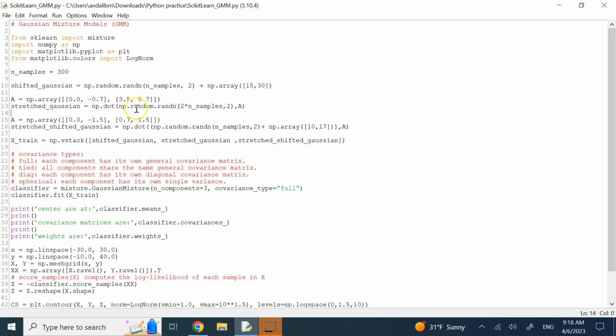Remember, the standard deviation from this guy is 1. So if you don't do anything, it is going to be like a circle with 1 and 1. But when you apply a matrix, you can stretch or shrink in one direction, the same in the other direction, depending on the eigenvalues of this matrix, and you can rotate it as well. So this is the stretched rotated Gaussian.